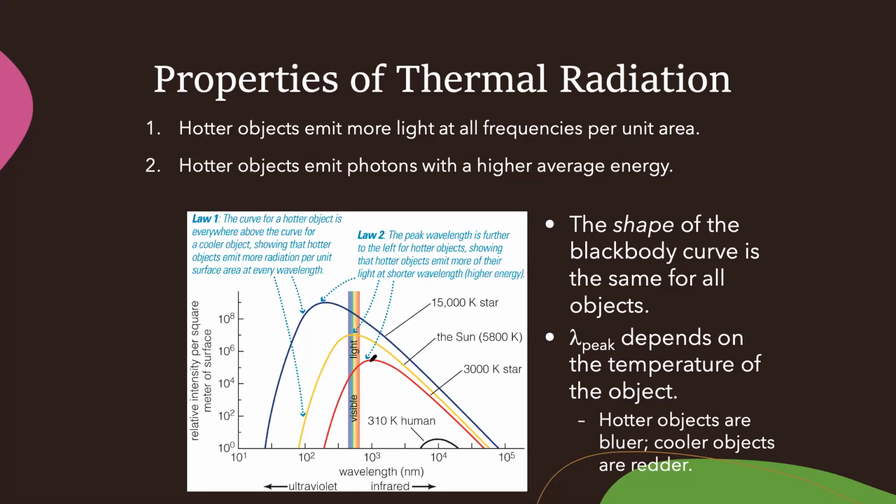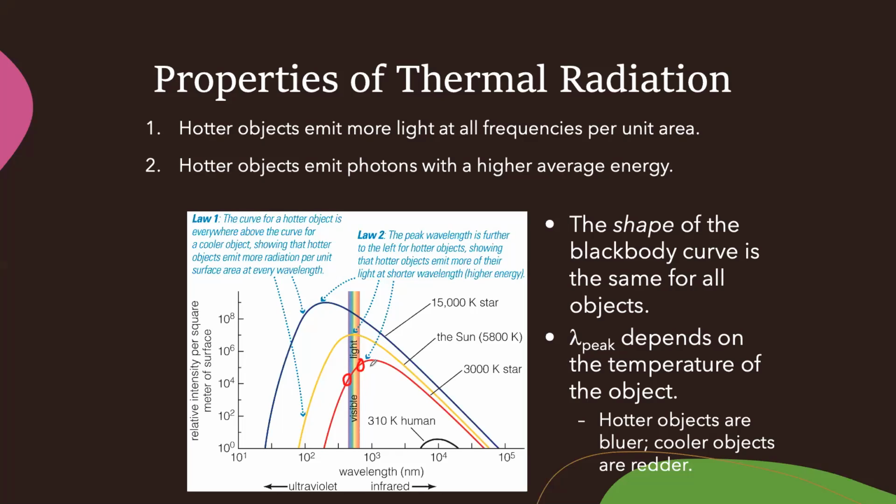So the red curve for the 3000 Kelvin star, its peak wavelength is in the infrared, but it still emits visible light. And of the visible light that it's emitting, which color has a greater intensity? Well, you see how the red side is higher up than the violet side and the blue side?